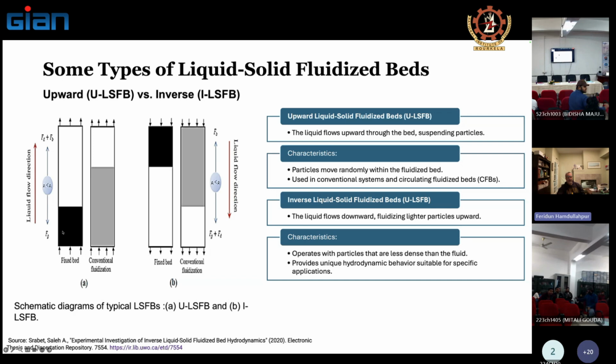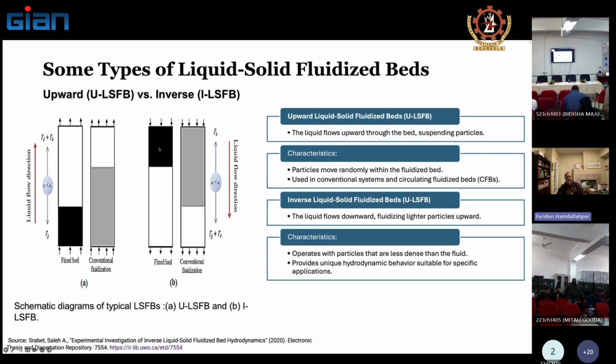In the other case, the fluid motion is this way, and the gravitational force is this way because the particle density is larger than the liquid density. This is the inverse liquid-solid fluidized bed.